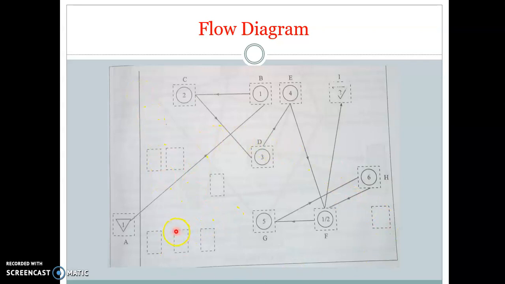The next step is to mark the relative positions of the machines, tools, benches, stores, racks, inspection booths, etc. In the third step, from the different observations, we have to draw the actual path of movements of the material or the worker on the diagram to indicate the direction of movement.